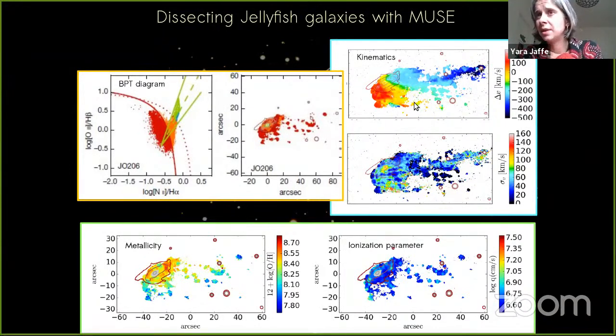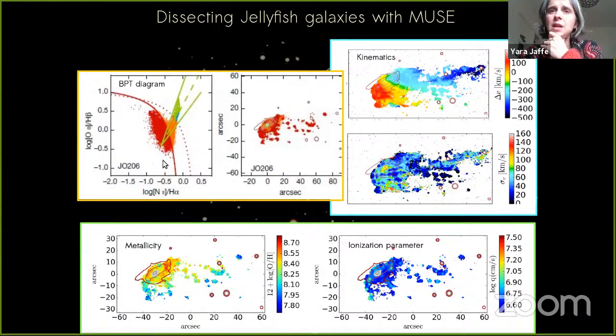Here you have the gas kinematics showing clear rotation that holds out to the outer tails. We can also look at the velocity dispersion of the gas, that it's much lower in these knots of star formation. We can do BPT diagnostics, so line ratios, to determine what's ionizing the gas in the different parts of the galaxy.